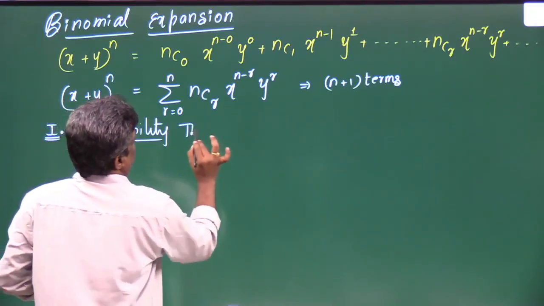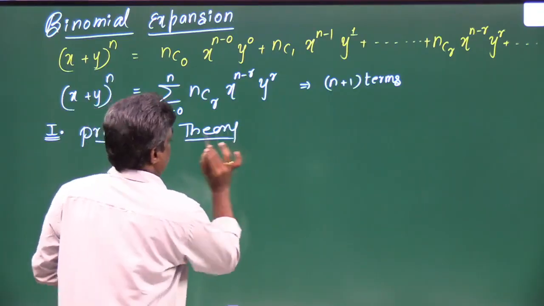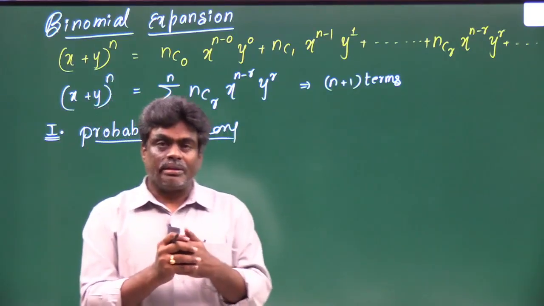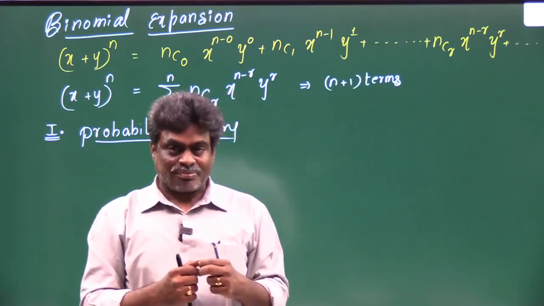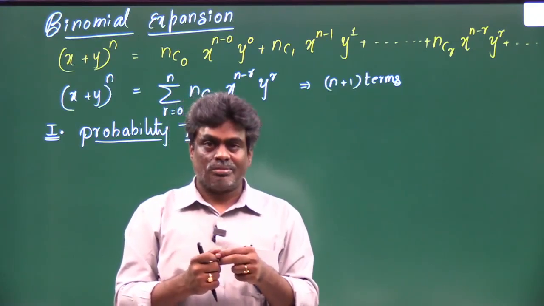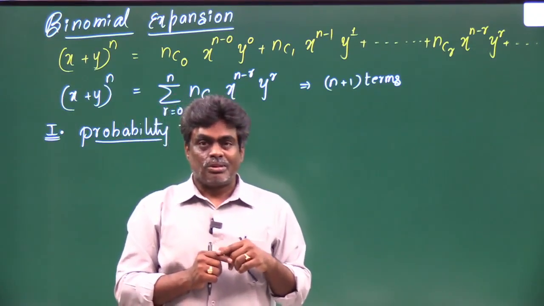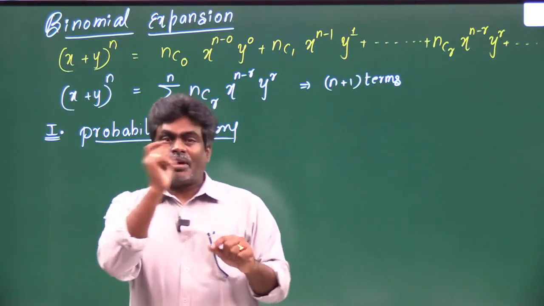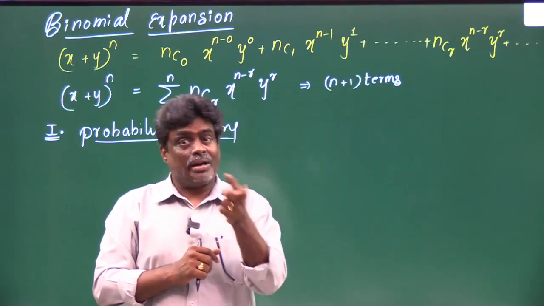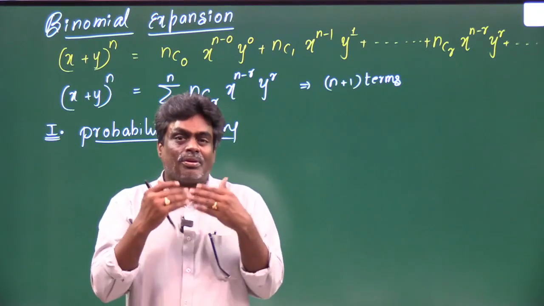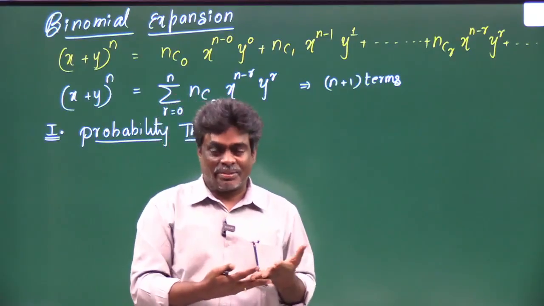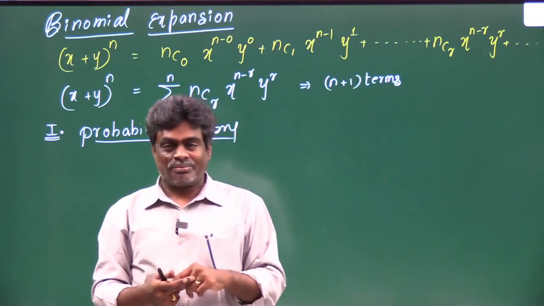So probability. Whenever you are talking about probability, let us take a coin. Whenever you toss a coin, you have two possibilities, head or tail. Whenever you try to hit a target, it may hit or may not hit. If you are playing cricket, you may win or lose.